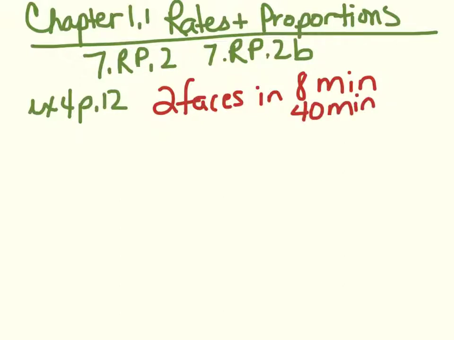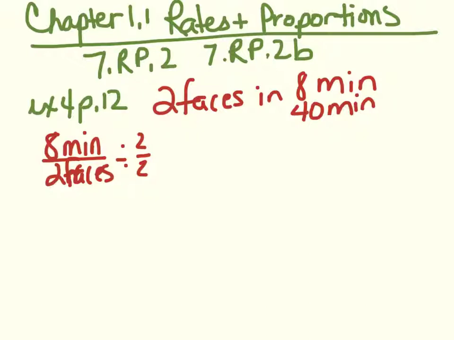And so they're giving you a couple of methods here. You can draw a bar diagram. And so if it takes 8 minutes to do 2 faces, they're going to set it up like this for 2 faces. You want that to be a unit rate.